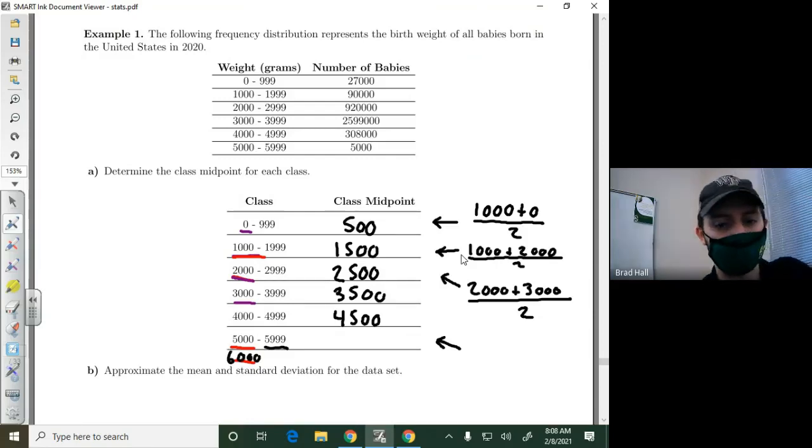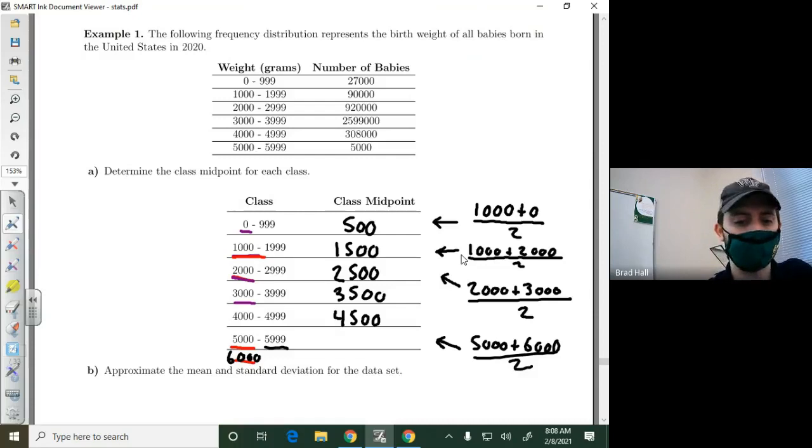And that's why 5,000 plus 6,000 divided by 2, that's where you would get your 5,500. So it's a way of finding the average between the groups, and then that average will help us approximate a mean and standard deviation.